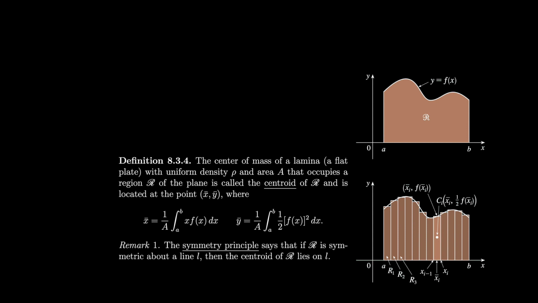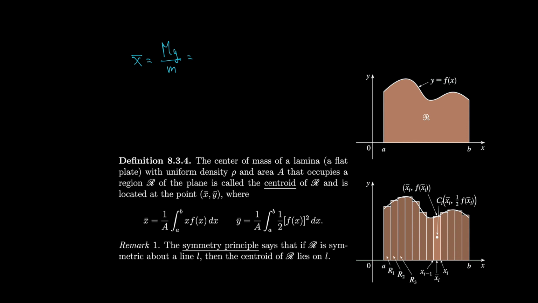Well, you would expect that x bar is the moment about the y-axis divided by the total mass, right? Well, the moment about the y-axis, that should be the sum of the distance from the y-axis, the x value, times all of the masses.